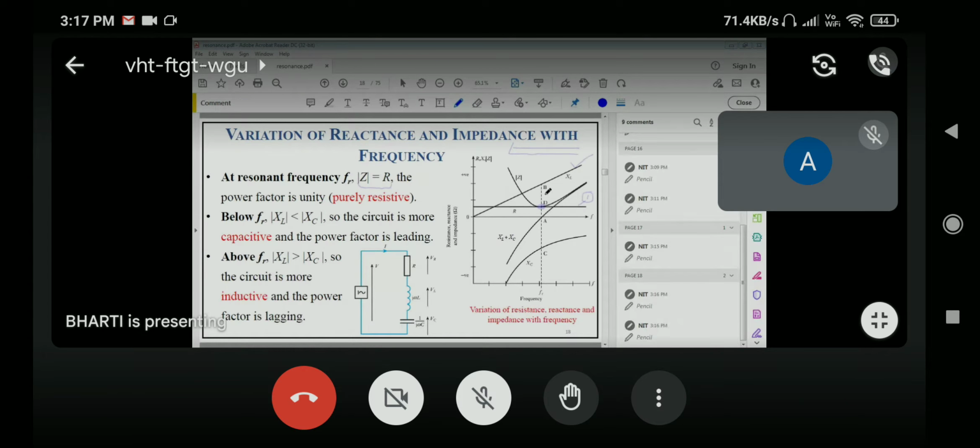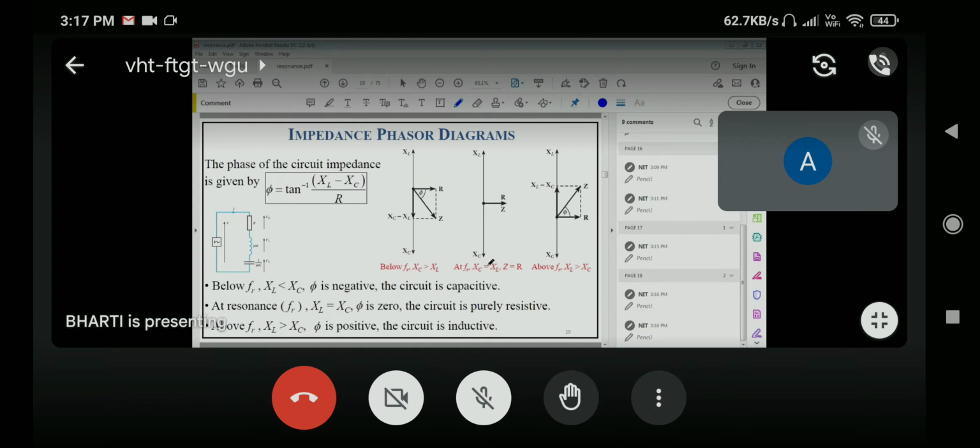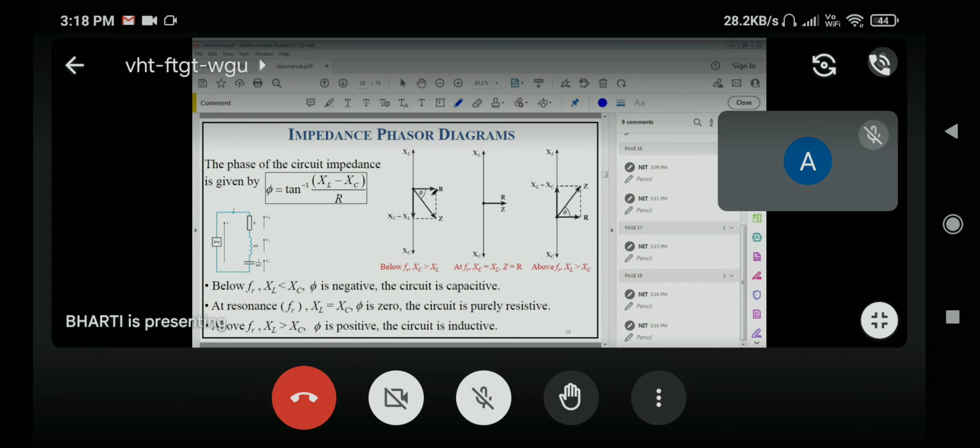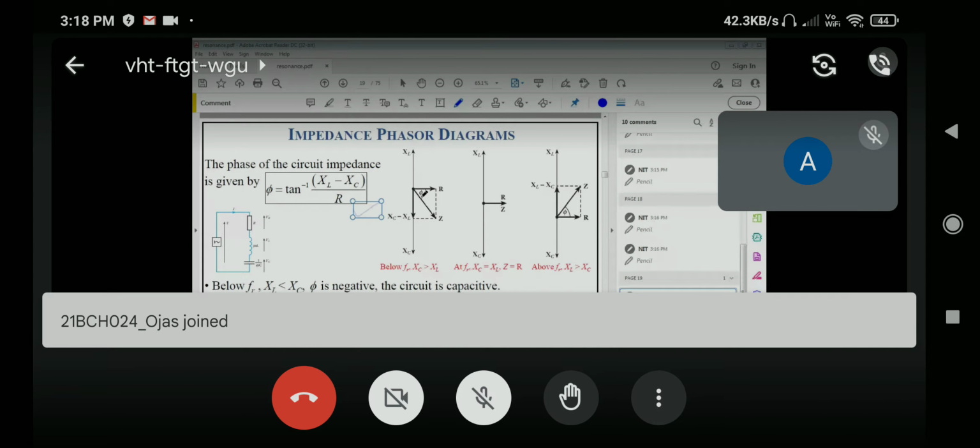Okay, so that is about these two parameters. Now, seeing the phase angle, that was about the amplitude, and we had discussed different variations with respect to frequency. Phi will be simply tan inverse of (XL minus XC) upon R. If you see here, XL minus XC, that means Z will be the resultant.